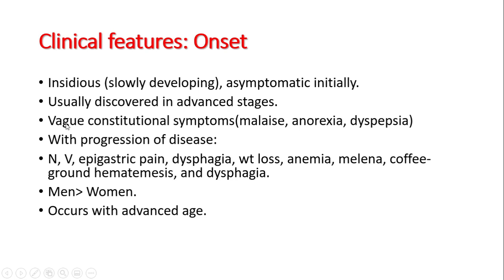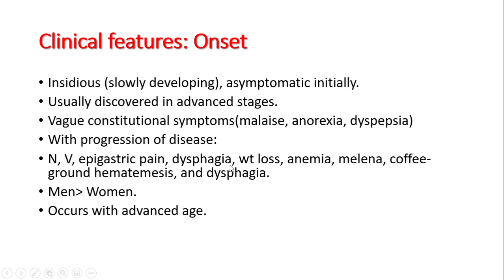The symptoms are vague at the start: malaise, anorexia, that is loss of appetite, and dyspepsia, that is indigestion. With progression of the disease the symptoms become more apparent: nausea, vomiting, and epigastric pain. So epigastric pain always should be taken seriously.